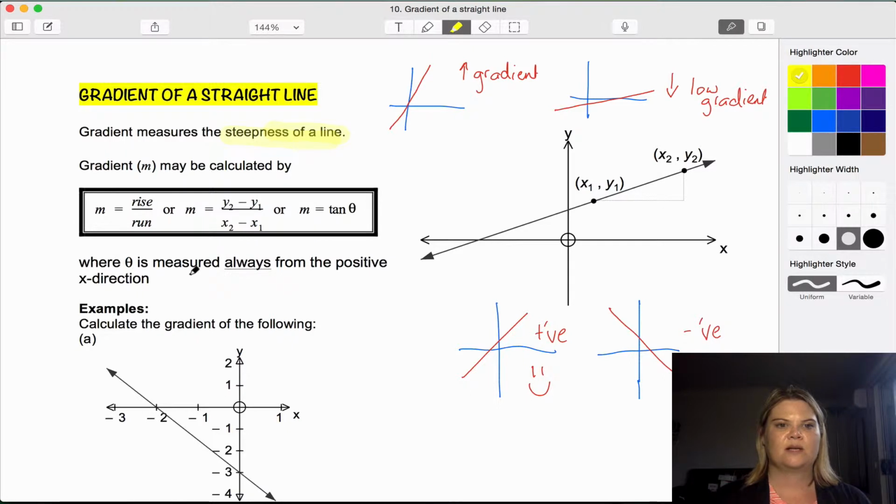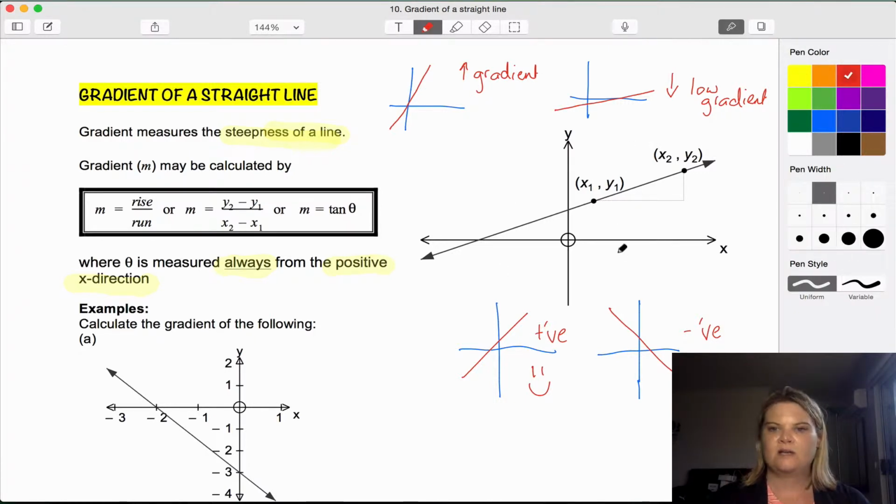And this one works when theta is always measured from the positive x direction. So what that means is you take your line and you find positive x. This is positive x over here because it's positive 1, positive 2, positive 3. Over this side is negative x, negative 1, negative 2, negative 3. You take your line and you find the angle between the line and the positive x. So that's going to be your theta.